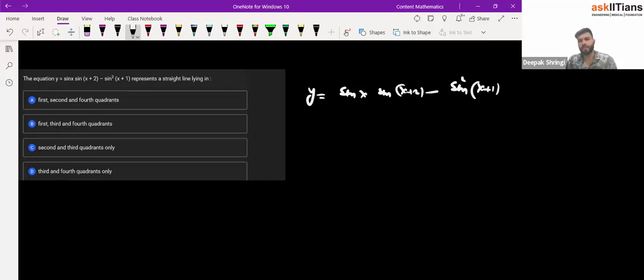How can I identify which one is positive and which one is negative in which range? So look, sin x plus 2 I can write as sin x cos 2 plus cos x sin 2, and in the back portion I can write sin x cos 1 plus cos x sin 1 whole square, right?